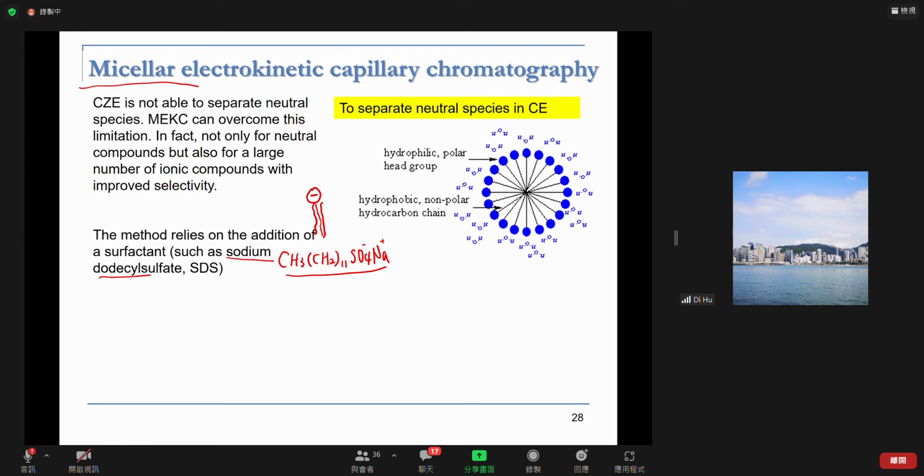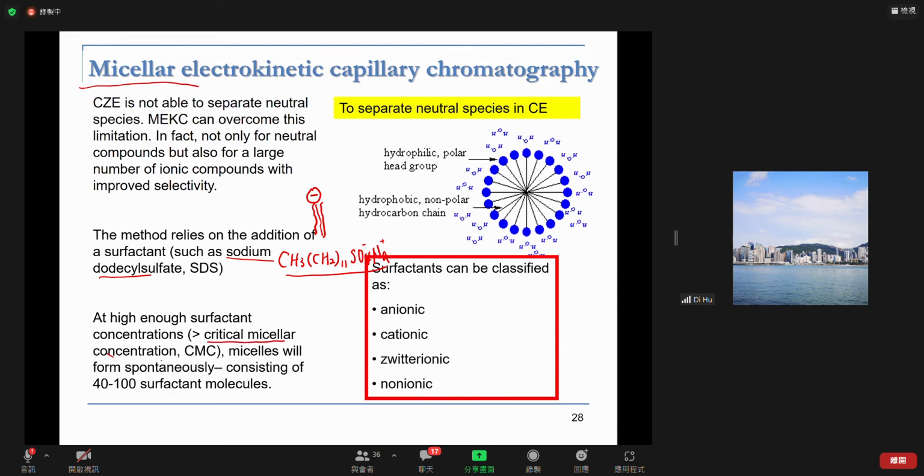If the surfactant concentration is higher than the critical micellar concentration, we call that CMC, then it will form a micelle like this one, with all the polar heads pointing outside and the hydrophobic tails pointing inside.